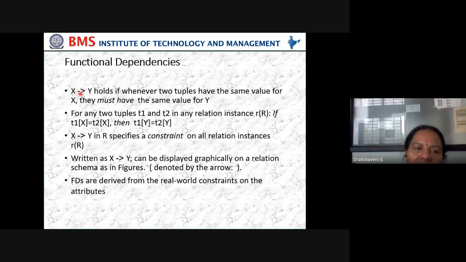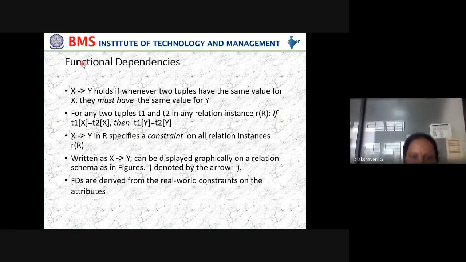X is functionally dependent on Y holds if whenever two tuples have the same value for X, they must have the same value for Y. For any two tuples T1 and T2 in any relation instance R of R, if T1[X] equals T2[X], then T1[Y] equals T2[Y].